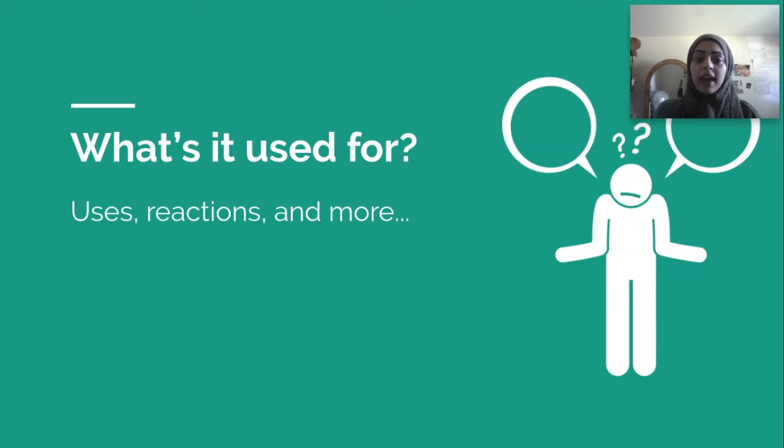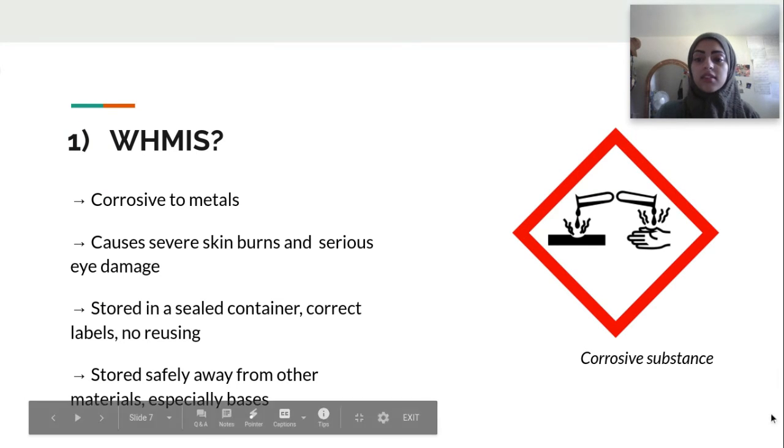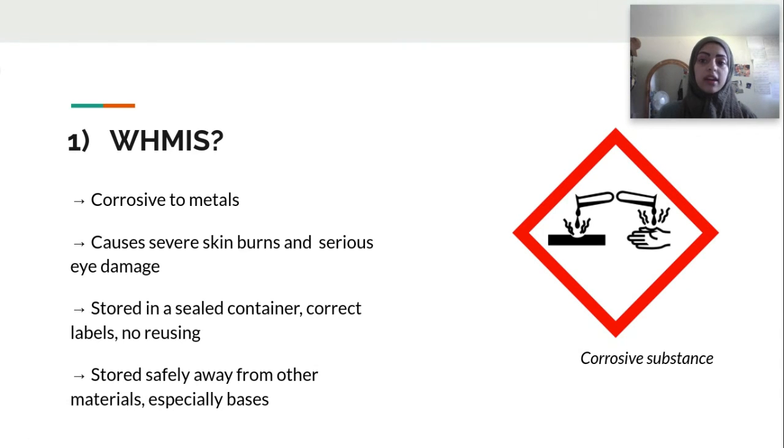So what's angelic acid used for? To start off, we're going to go over the safety things. Angelic acid is corrosive to metals, and this is the label that you would usually find on the container, and it can also cause serious eye damage.